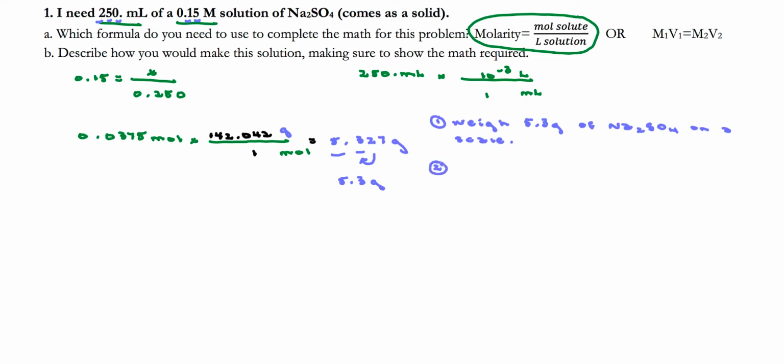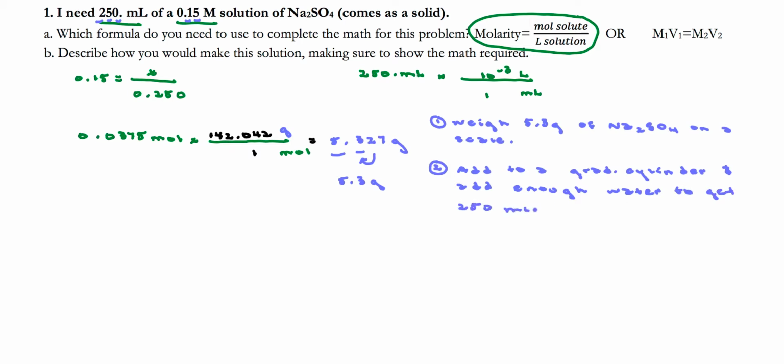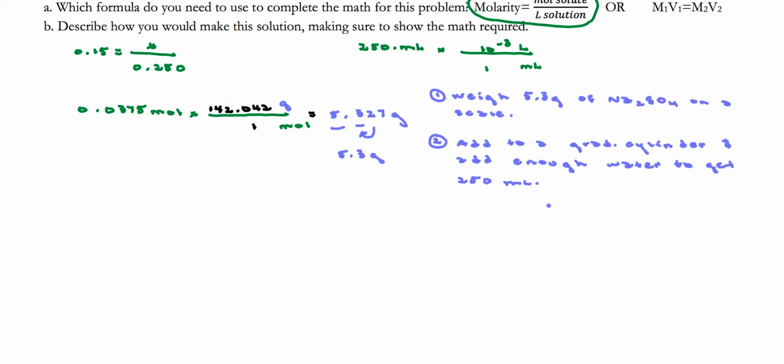And then you're going to add enough water to get a final volume of 250 mils. Okay, let's look at the next example.